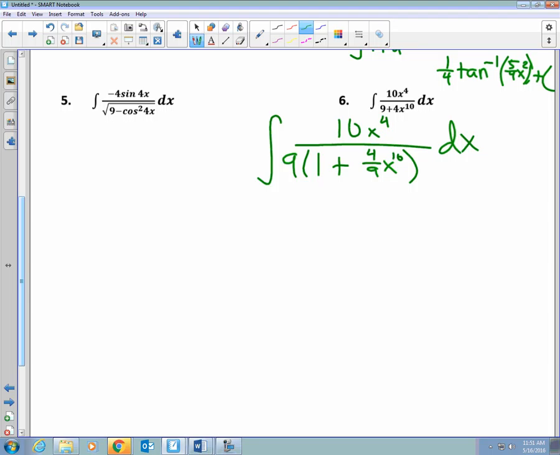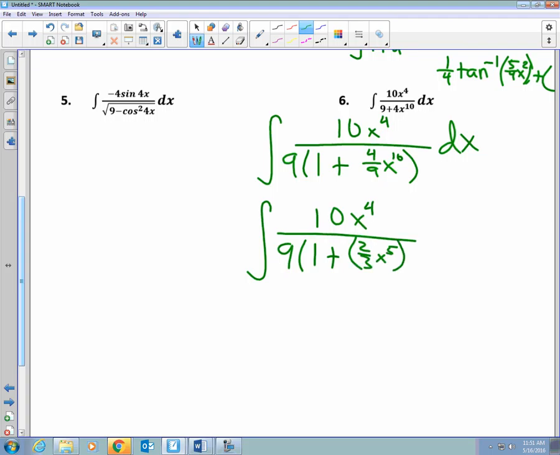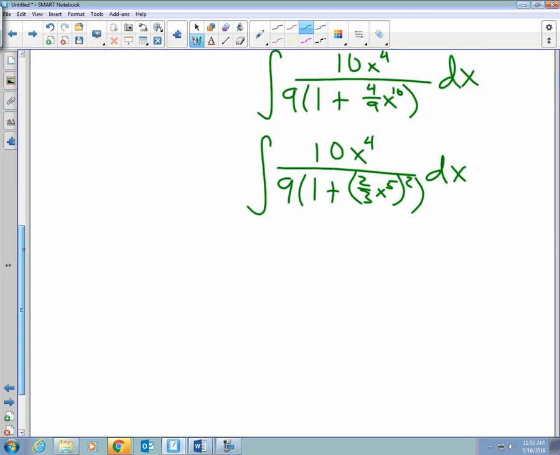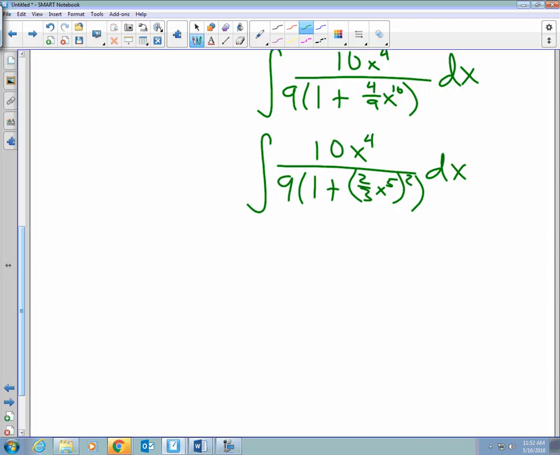What am I squaring? This has the form I want. What is u? Du is... multiplied by 1/3.